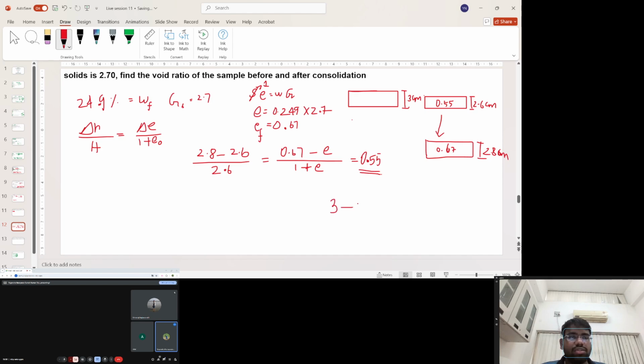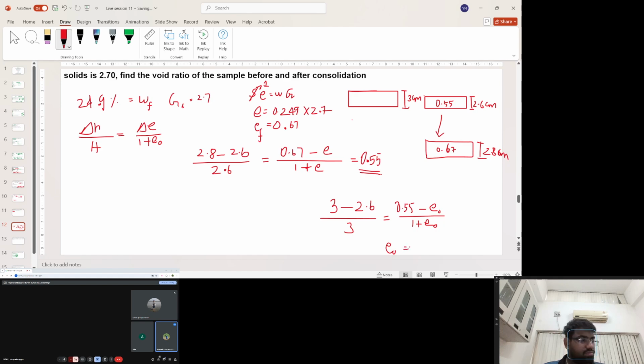This is 3 minus 2.6 by 3, is equal to void ratio 0.55 final minus initial, divided by 1 plus e naught. How much are you getting now?